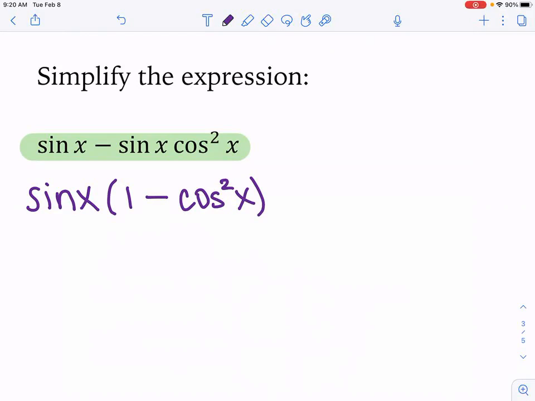Now I am going to ask that you give me some explanations as you do these things. What did we just do? We factored out the GCF.